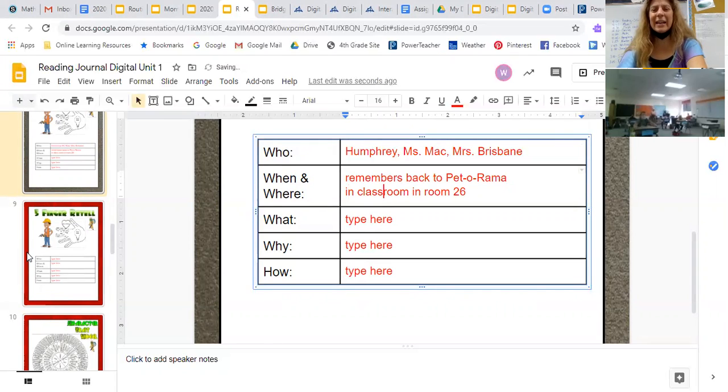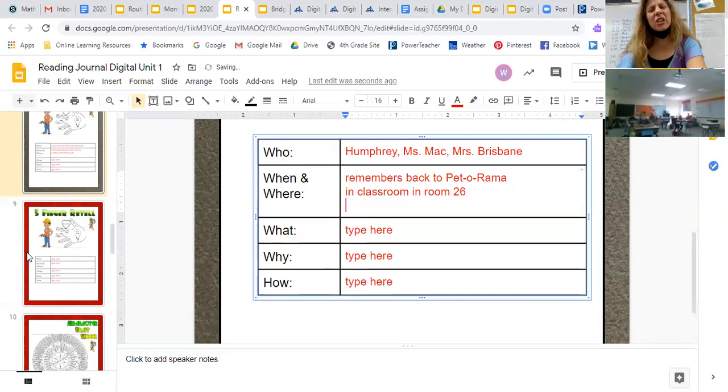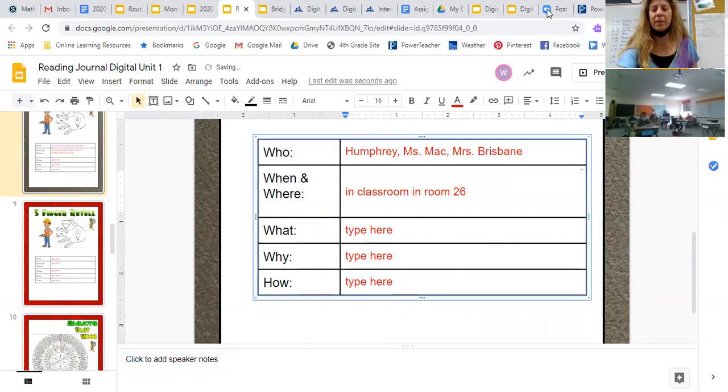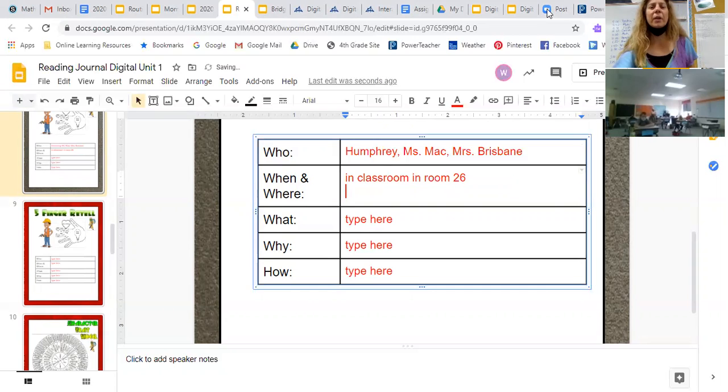But the when is, so we got 2 places. Actually, I'm thinking more specifically the where is in the classroom, because the flashback, that's just part of his memory. He's not really there. So let's get rid of that one and let's think specifically about the classroom and the where. We got the where. The when would be the day Miss Mack is leaving, right? We don't know, do we know a specific date, a specific time? No, but we can refer it to the day that Miss Mack is leaving.